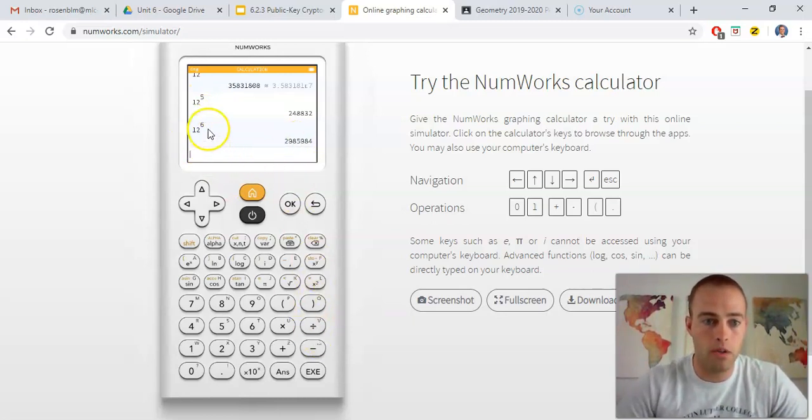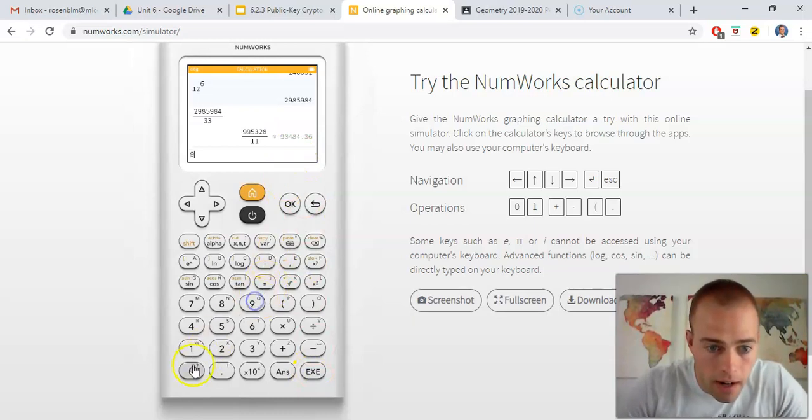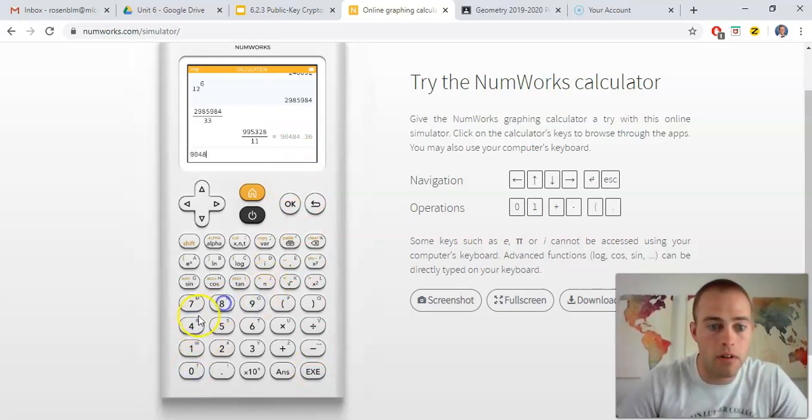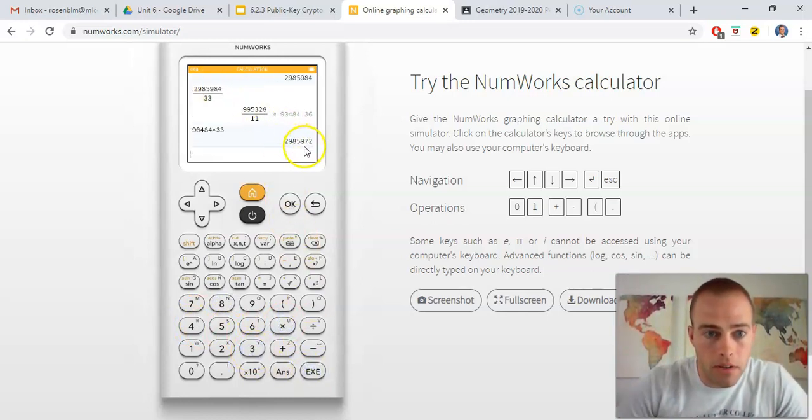Remember, I still have 1 12 left over. I'm going to divide by 33. That goes in there 90,484 times. Difference between these two numbers is 12.